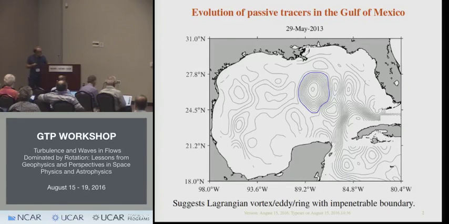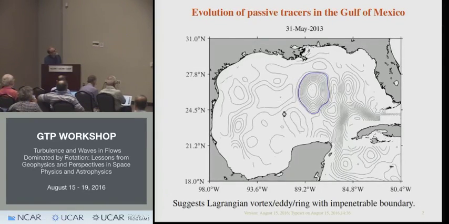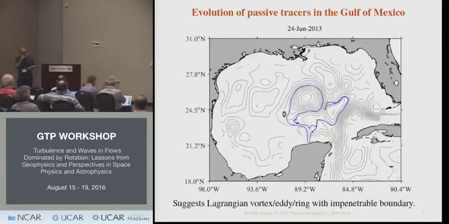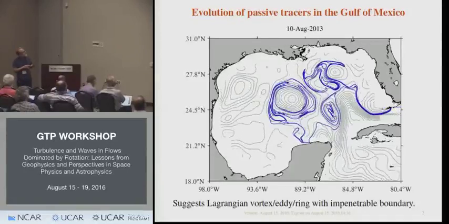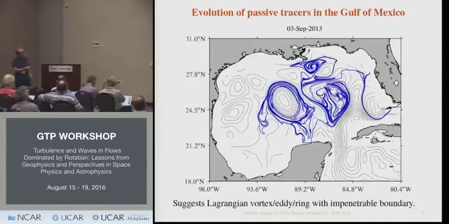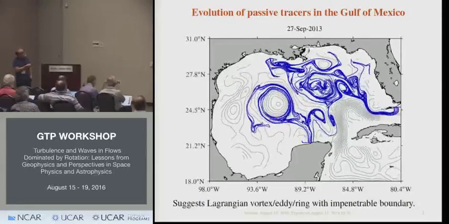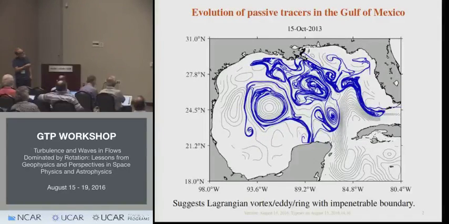So if you look at the evolution of this curve, you put tracers in there, you see that this thing stretches, takes highly complicated patterns, but in the center of the Gulf, there is this region which is not filled by tracer particles. This suggests the presence of some structure, a vortex, a Lagrangian vortex, with a boundary that cannot be penetrated by tracers.